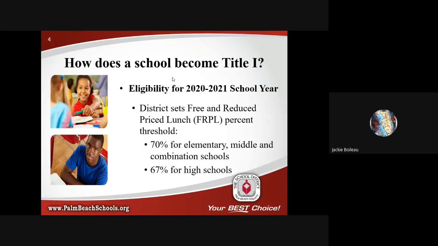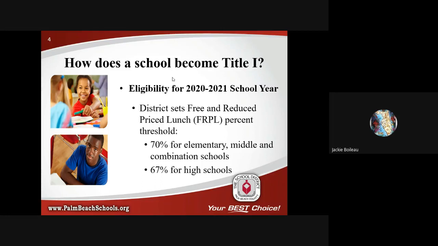So for families, it's really important for us to get the word out to our families how important it is to complete that application. And right now, because our students can get free breakfast and lunch at school, no matter who they are or where they come from, we're concerned that our families who really do qualify for free and reduced lunch aren't applying.